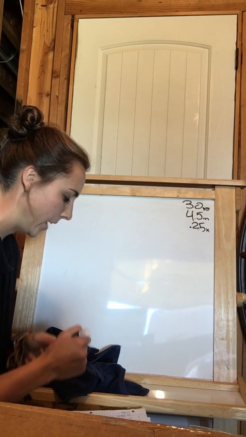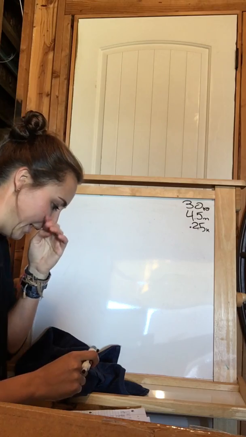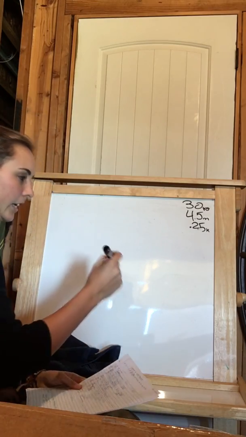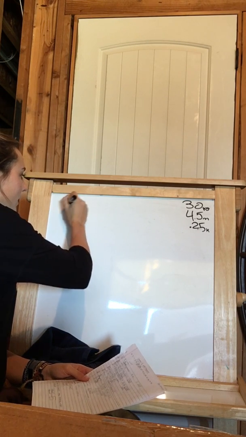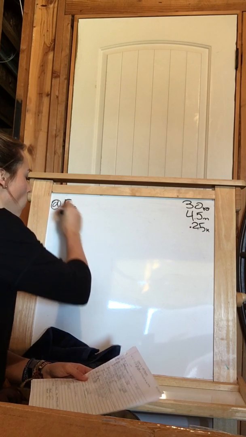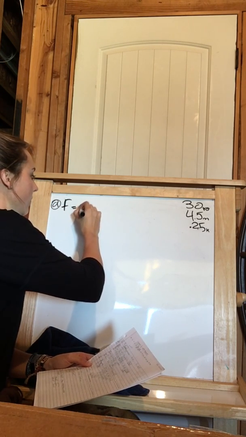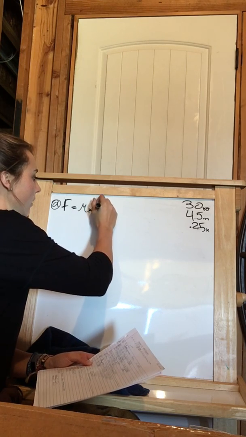So the magnitude of force that the worker must apply is going to be the same as friction. So friction equals the friction coefficient times the normal force.